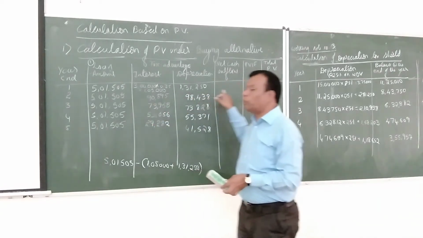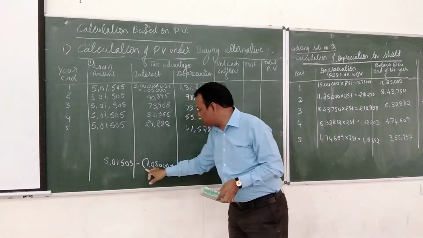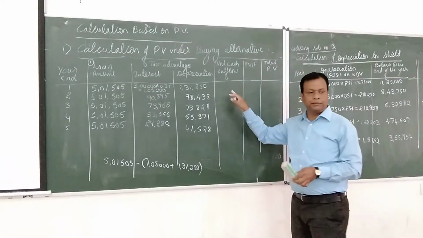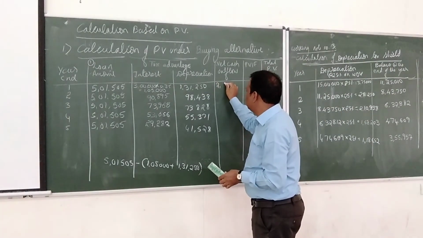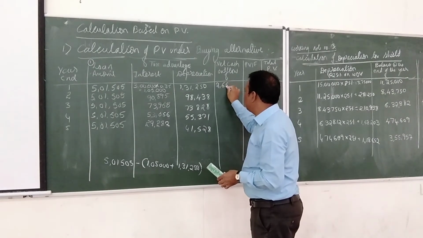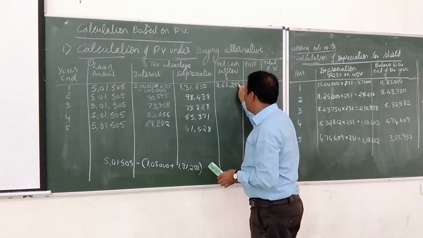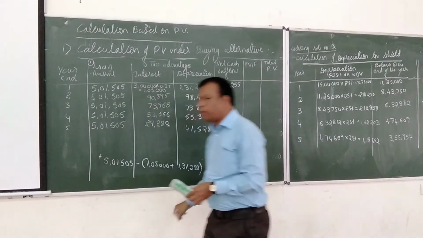Okay. So the net amount, how much am I paying? 5,01,505 minus these two, depreciation and interest. If you take out that one, what is the amount we get? 2,65,255. How did we get this answer?